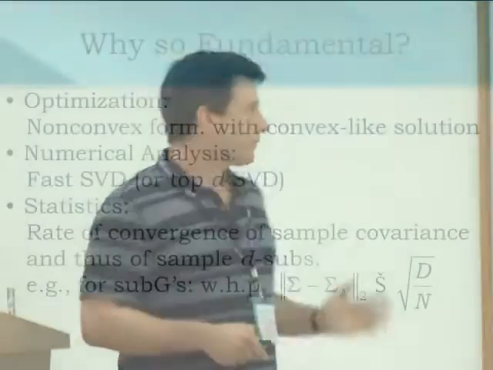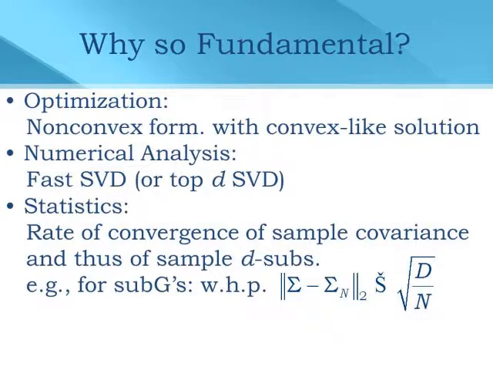So this brings us to one of the first fundamental properties of this minimization: even though working with subspaces is working on the Grassmannian, which is not convex, still we have a convex-type solution, and that's why I really like PCA. Another important thing is that it's very fast numerically. We don't do it by the covariance matrix, we do it by SVD, and we have fast algorithms for SVD.